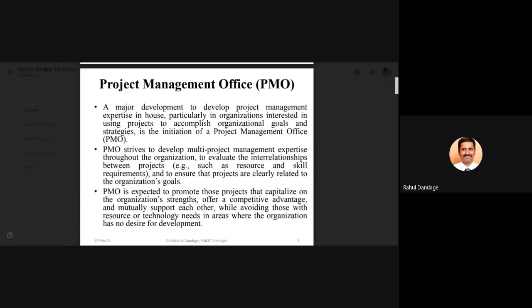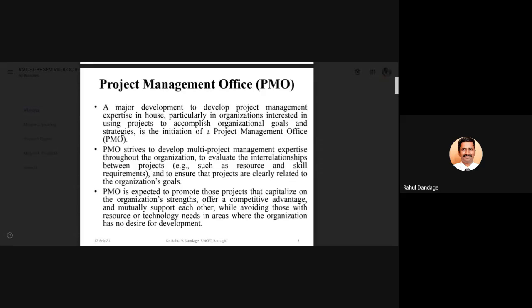And when we say right projects, we mean the projects that can capitalize on organizational strengths. So the PMO will have a SWOT analysis session. What are the strengths of the organization? What are the weaknesses? What are the opportunities and what are the threats? Who are the competitors?